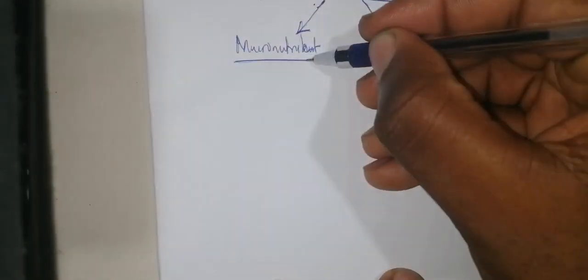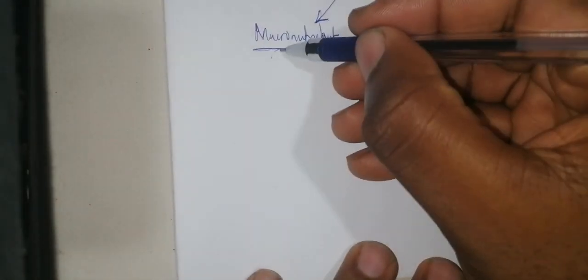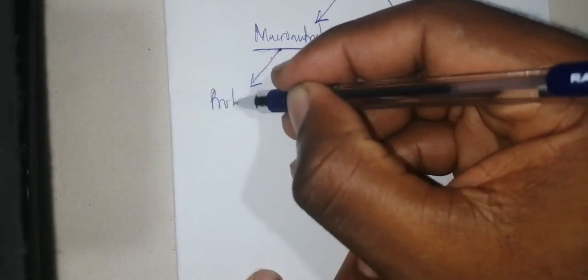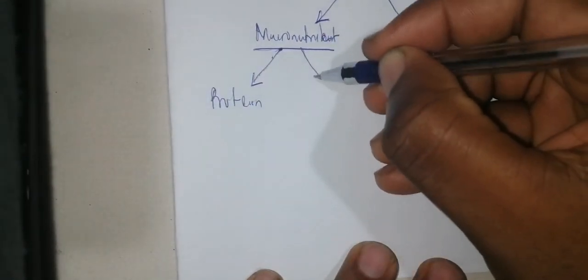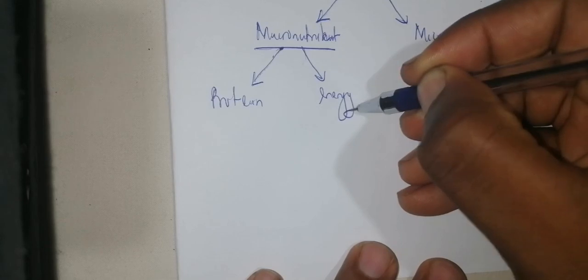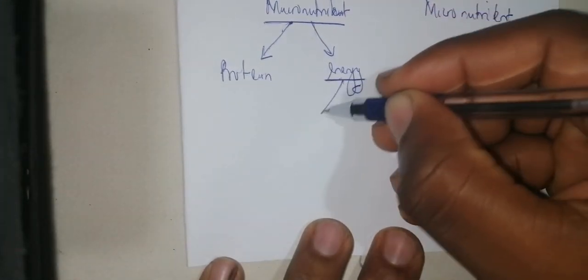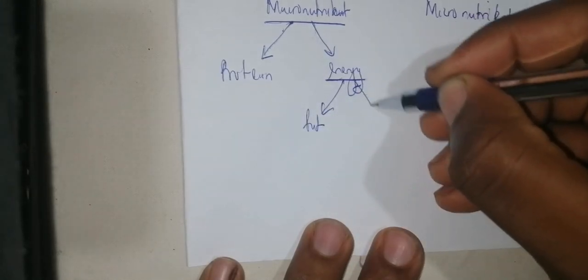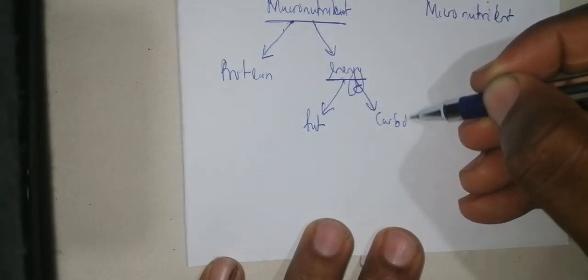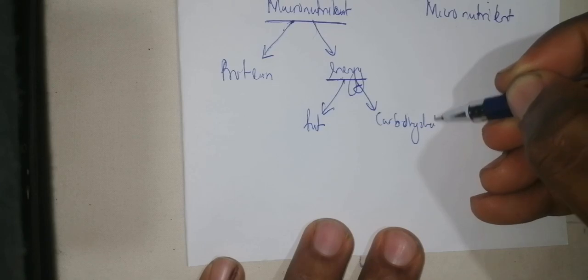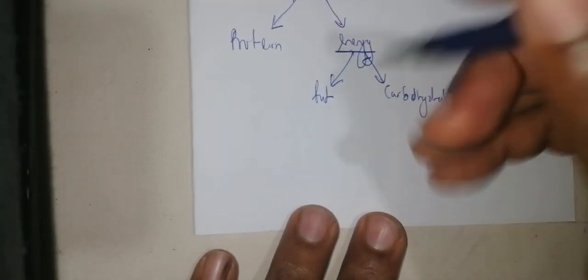For macronutrient malnutrition, we are going to have protein malnutrition and also energy malnutrition. Energy malnutrition is divided into fat malnutrition and carbohydrate malnutrition.